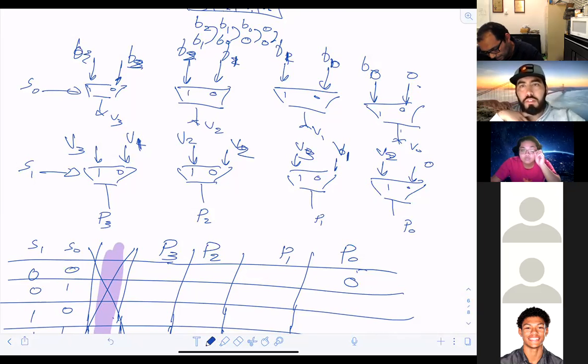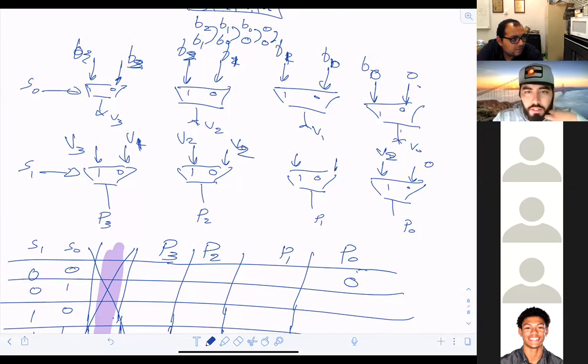Let me see. So if it's 0, 0 at level 1, it would be B2, B1, B0, and then a 0. And then if you go to level 2, yeah, I believe, go ahead. You get B1, B0, and then 0, 0. Right? That's what we're supposed to get. Yeah, let me see.